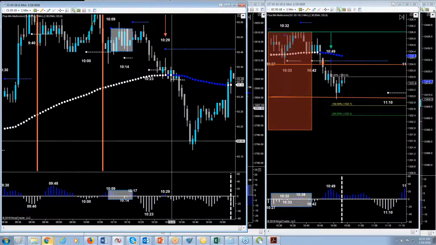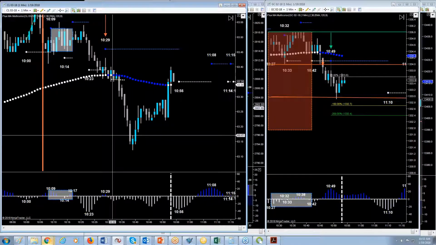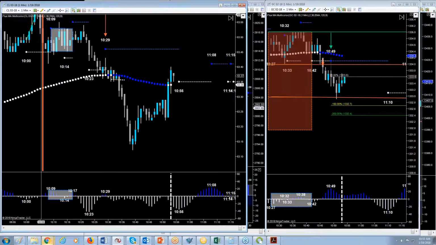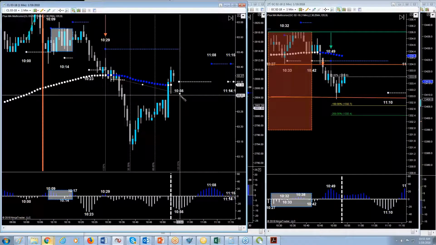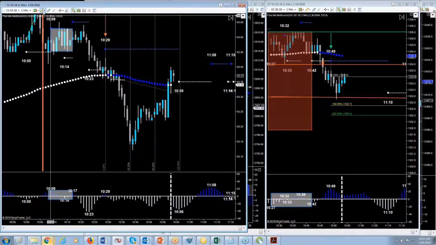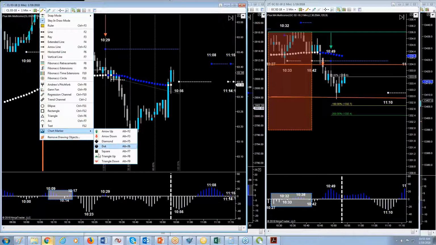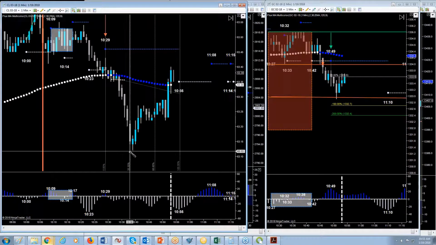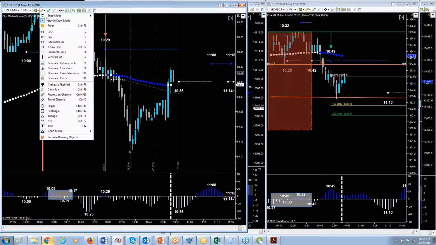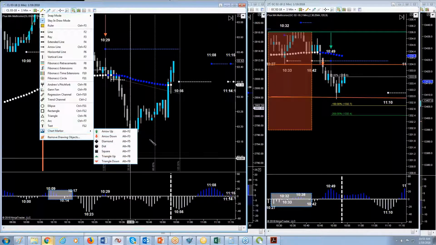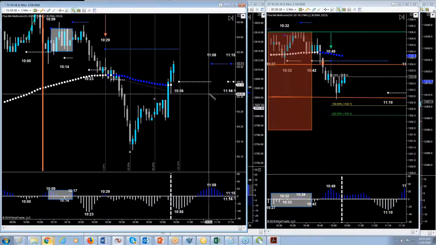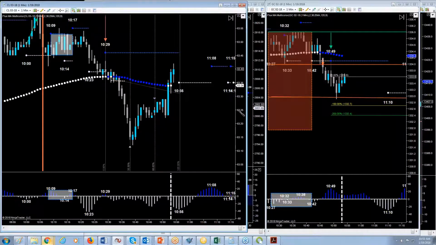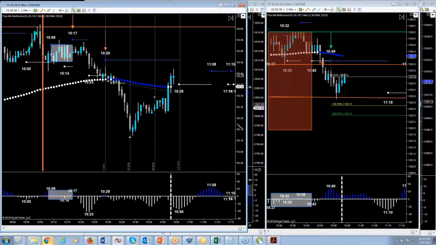Over on CL, we're waiting for 1056. If we do a split analysis, just to see what's going on here, you see that the 33.3% was right here, and the 66.6% was right there. We've blown through it. So the 1056 signal on crude has a really good chance of pushing up.